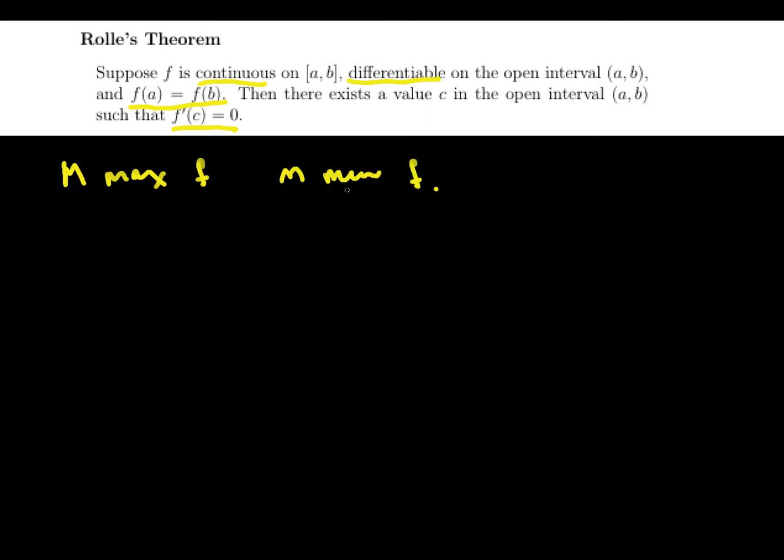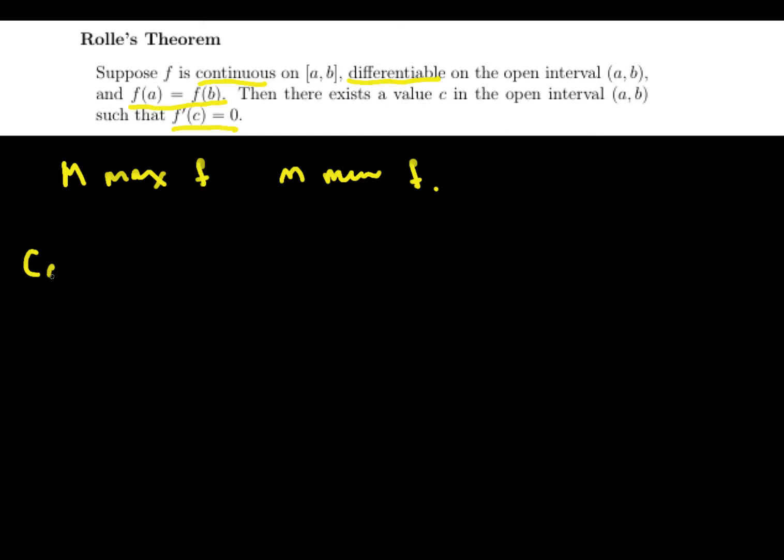All right, so this is the max. And obviously the max is bigger than the endpoints and the min is less than or equal to the endpoints.